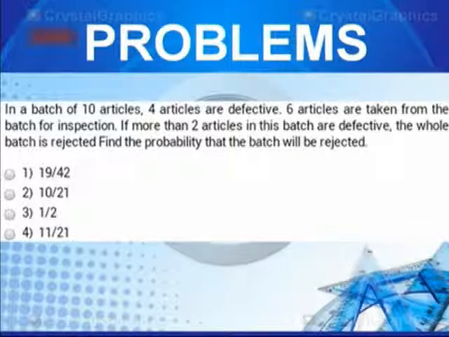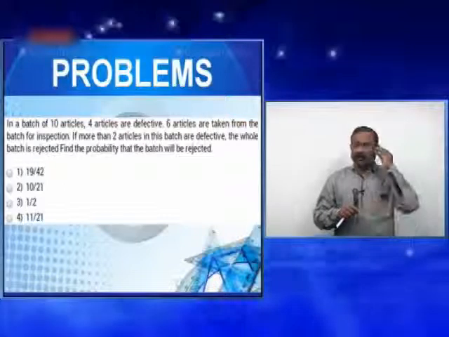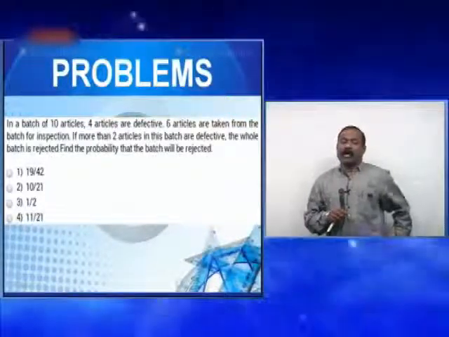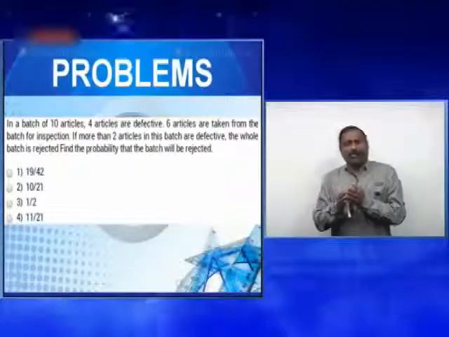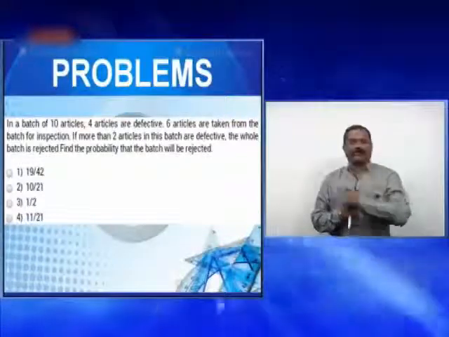10 articles are there. If more than 2 articles in this batch are defective, what does it mean? If 6 articles are chosen, how many articles are chosen? 6 articles are chosen. Then how many articles are defective in the overall lot? 4 articles are defective.